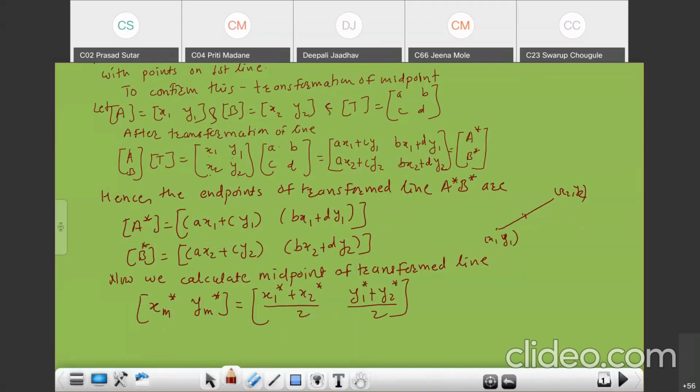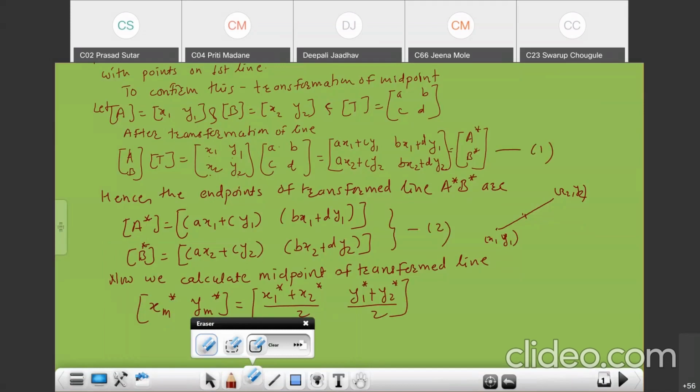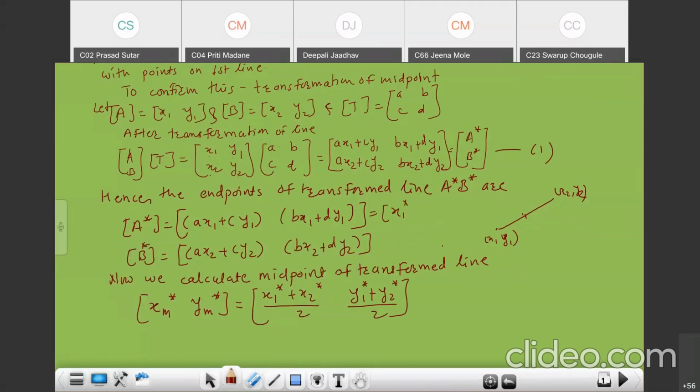Now I use it as the equation number 1, these two as the equation number 2. Before that, I write here for simplicity, it is equal to x1 star, y1 star, and it is equal to x2 star and y2 star. Okay. This is equation 2 and this is our equation 3.